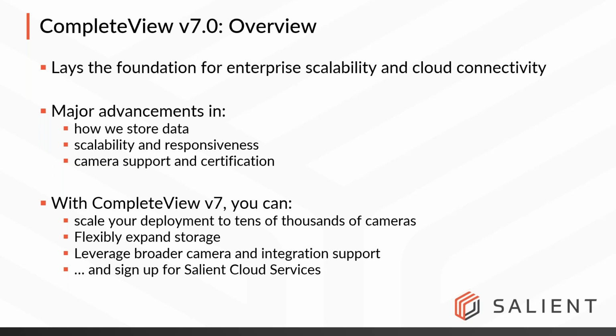With CompleteView version 7.0, you can scale your deployment to tens of thousands of cameras off a single management server. You have a lot of flexibility in managing storage. You get to leverage broader camera support. And the best part is this becomes the version that's required to sign up for Salient Cloud Services, and we're going to spend a little bit of time talking about that today.